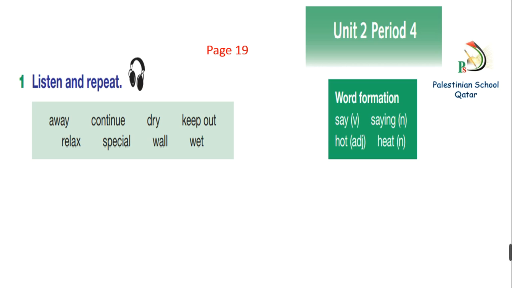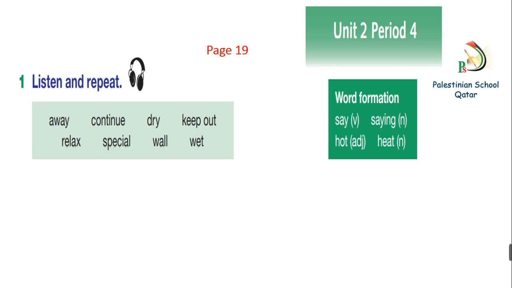Not beside me. Don't get close. Relax, it means when you have nothing to do. Special, it means amazing or VIP, you can say. Wall, this is the wall, this is the block that you live inside.